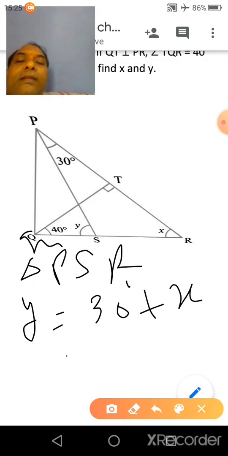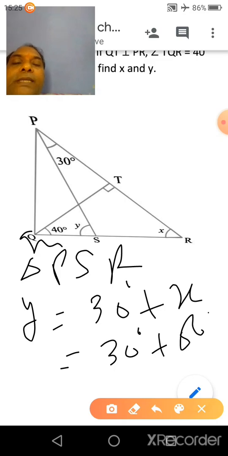Clear? x is 50 degree, so 30 degree plus 50 degree. 30 degree plus 50 degree will be equal to 80 degree.